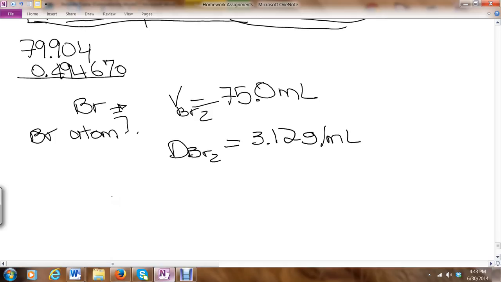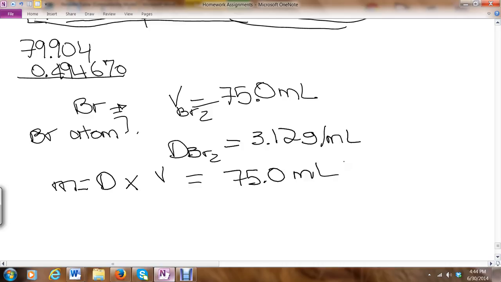But, okay, let's go ahead and start here. The mass would be equal, like we did in the prior problem, density times volume. And it's going to be 75.0 milliliters multiplied by 3.12 grams over milliliter.